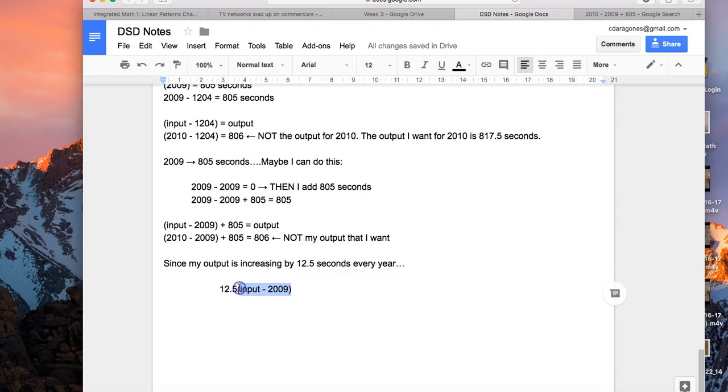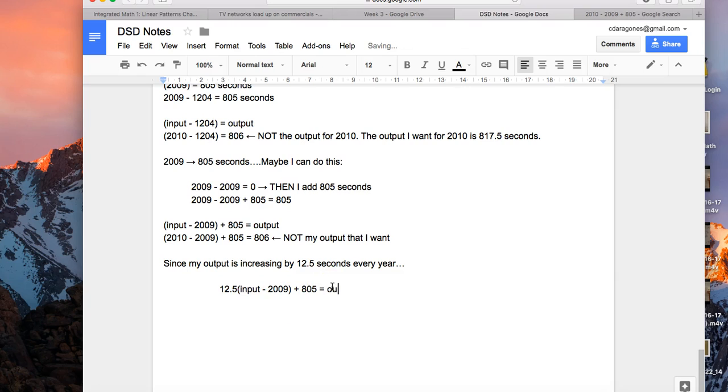Every year after 2009, you got to multiply by 12.5 seconds because 1 year is 12.5, 2 years is 12.5 and then another 12.5. 3 years, 3 times 12.5. Plus 805. So I took this initial equation I came up with, and I'm taking into account the rate of change, how much I'm going up per year, okay?